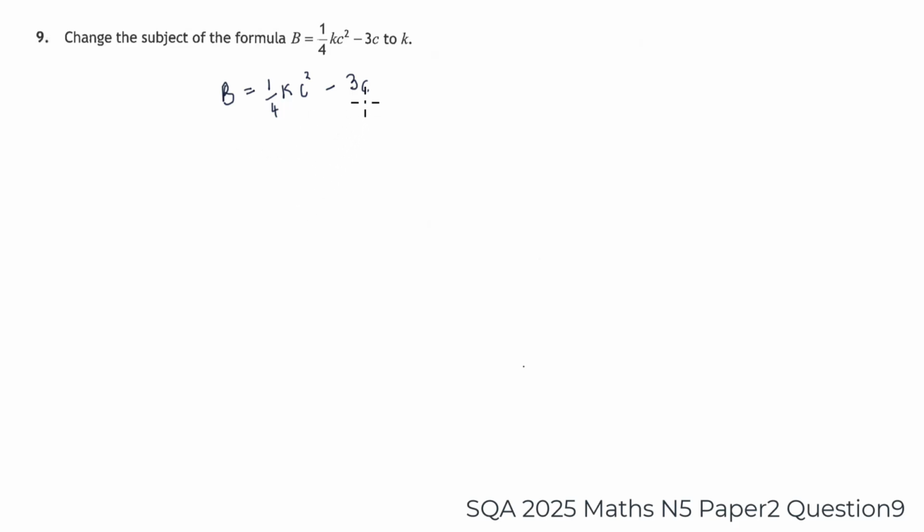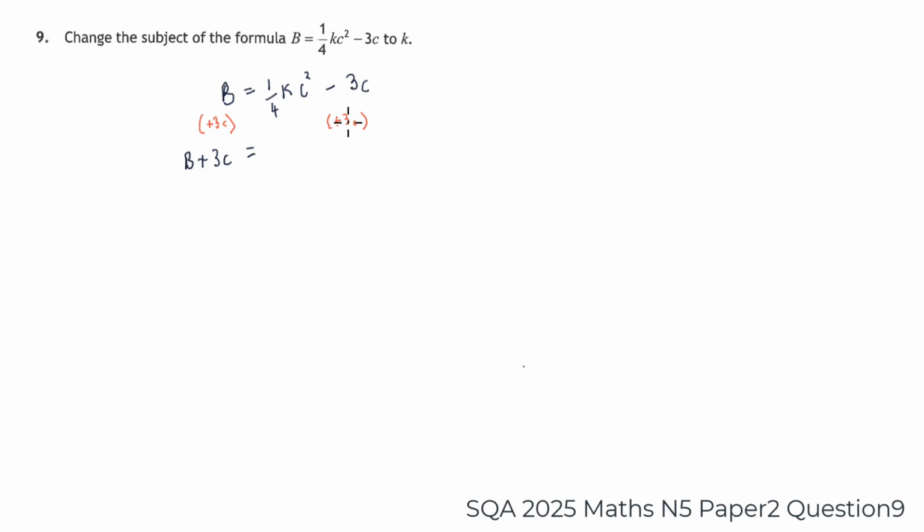So first of all, let's have a look at this negative or minus 3c. The opposite of taking away 3c would be adding 3c. So to the right hand side we could add 3c, and obviously we must do that to the left hand side of this equation. And if we do that, on the left we'll get b plus 3c.